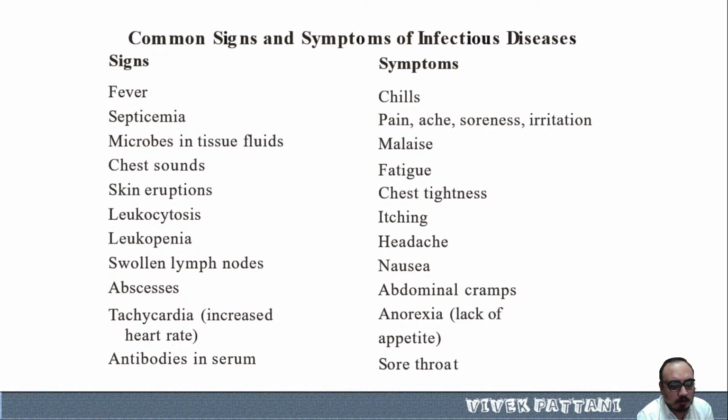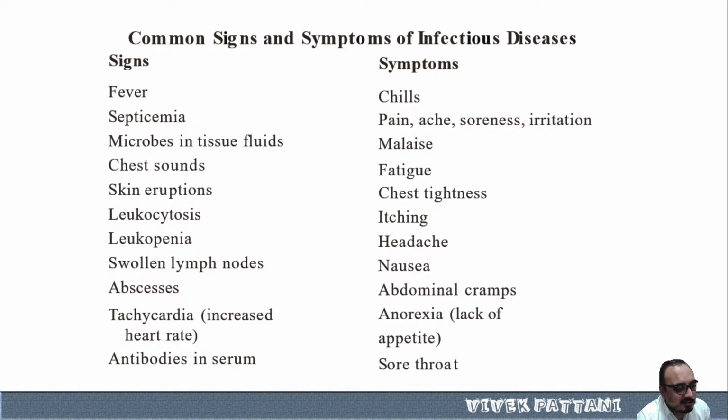Now what do you mean by septicemia, also known as sepsis? Septicemia is basically a serious bloodstream infection, which may be due to blood poisoning. It occurs when a bacterial infection occurs in the body, such as in the lungs or skin, and the bacteria enters the blood.